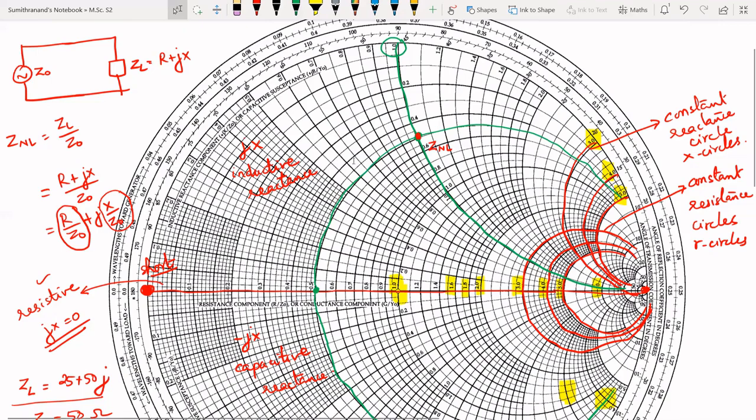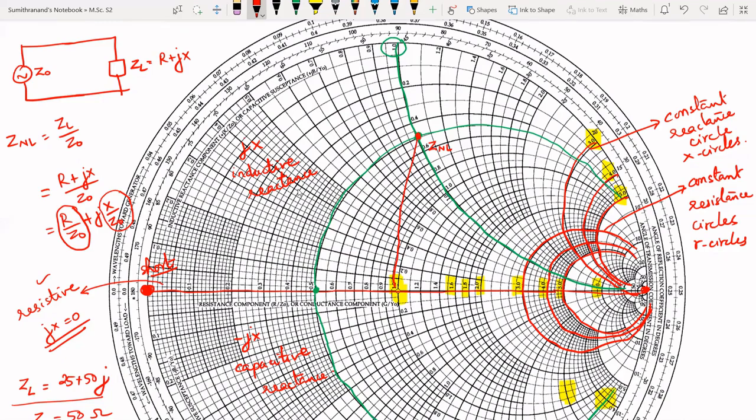Now let me tell you how we can calculate the voltage standing wave ratio using the Smith chart. In this case, let us draw a line from the normalized load impedance towards the center of the Smith chart, that is, to 1.